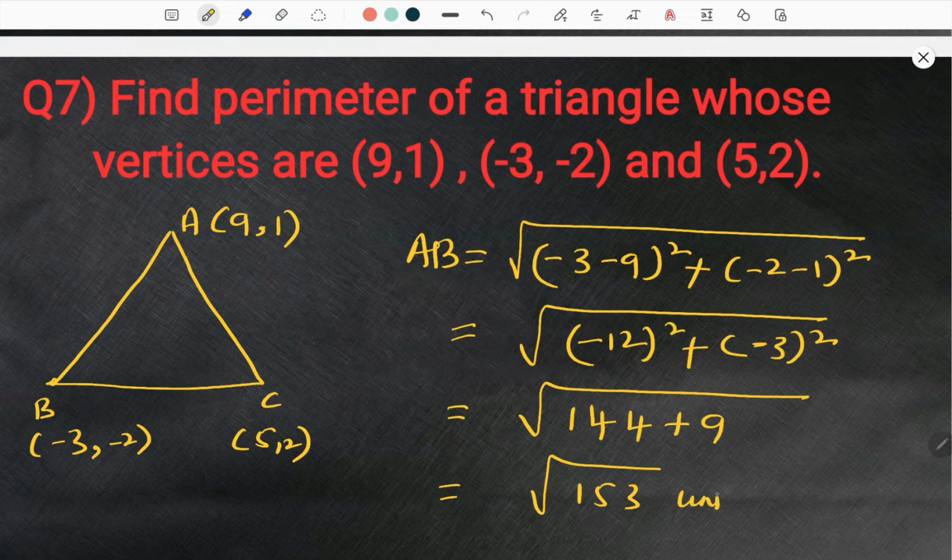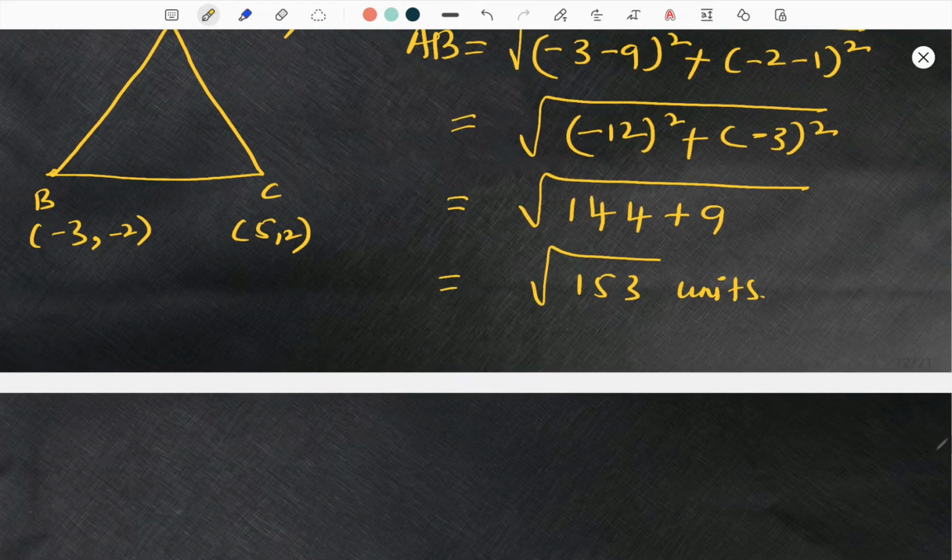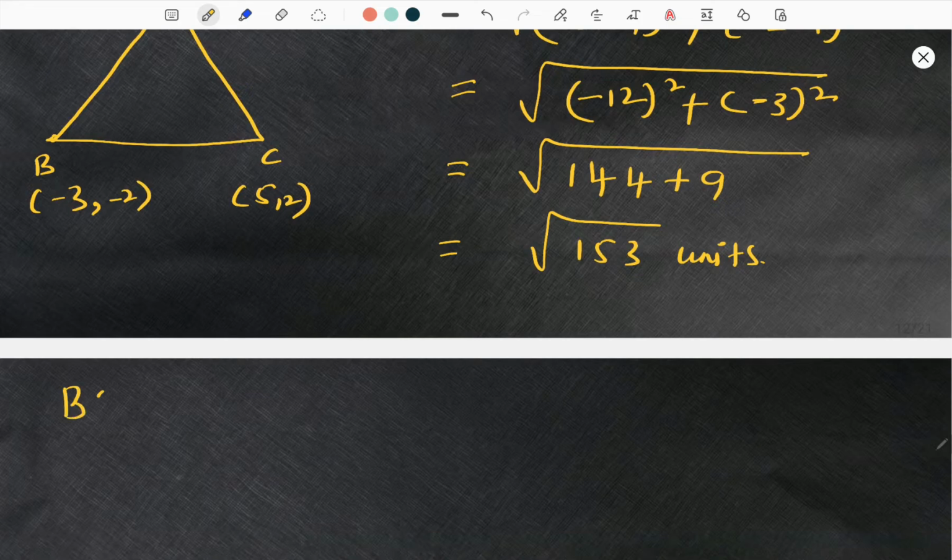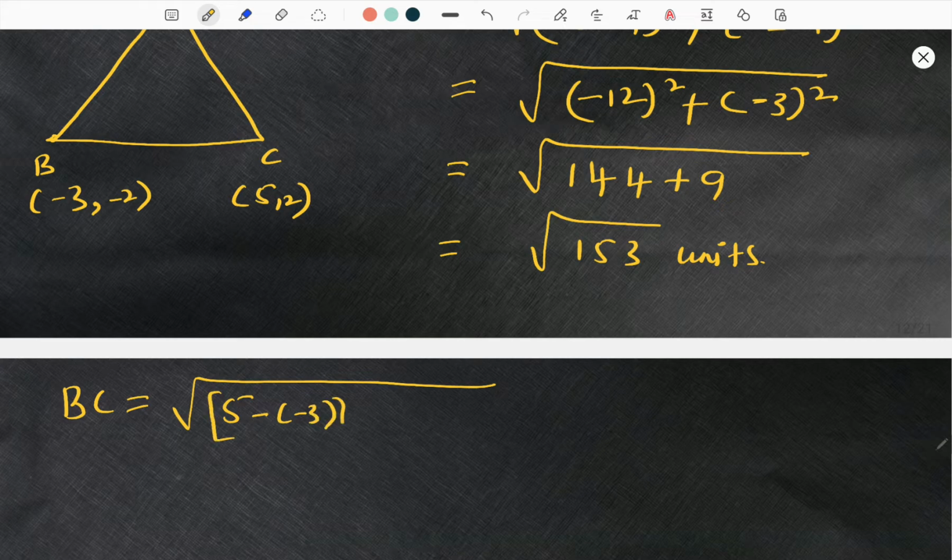Okay, some unit it is. All right, so this is AB. Now let us try to find out this BC also. Look at this, BC is equal to, here it becomes x1, y1 and x2, y2. You can write directly under root 5 minus of minus 3 whole square plus 2 minus of minus 2 whole square.